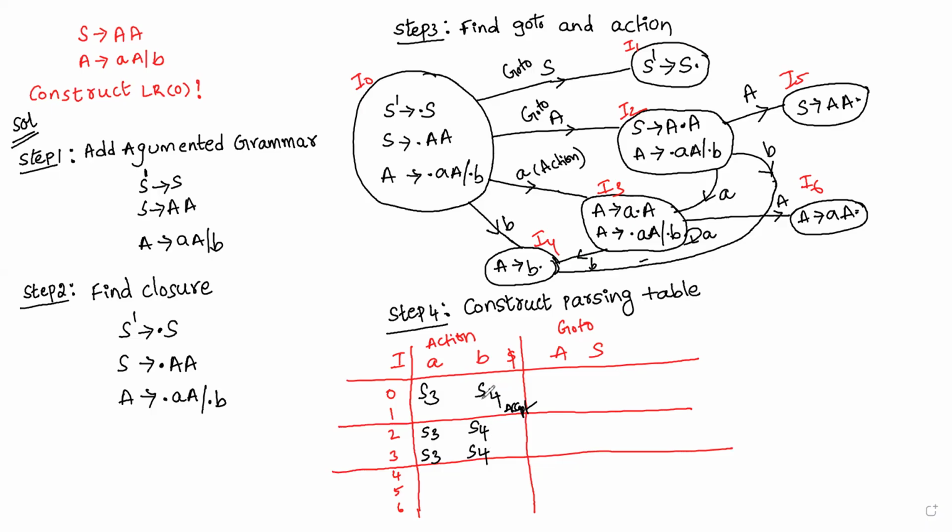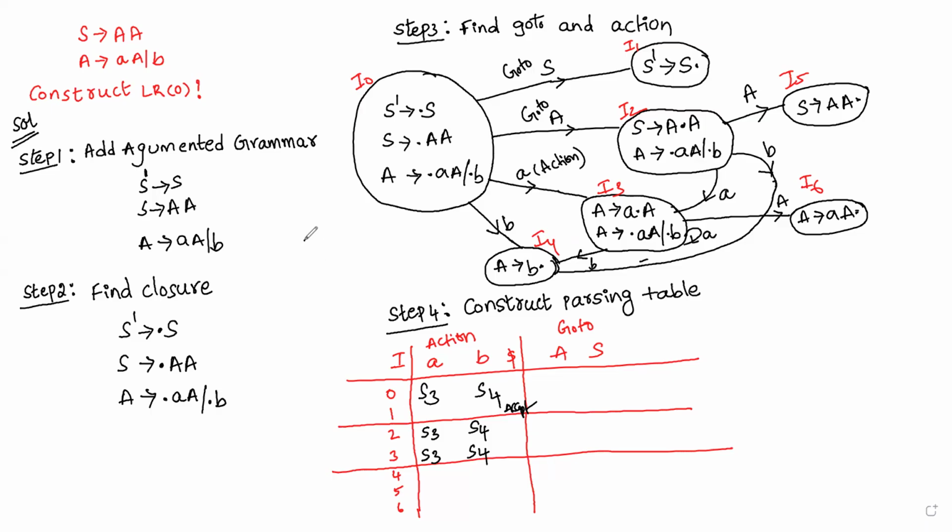Okay, friends. So till now we completed all shift moves. One of the important points now: in I4, you can observe the dot appeared at the end. If you see I2 and I3, the dot does not appear at the end. But in I4, the dot appeared at the end: A tends to B dot.